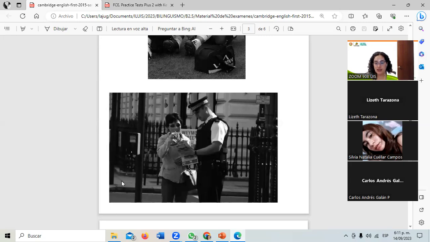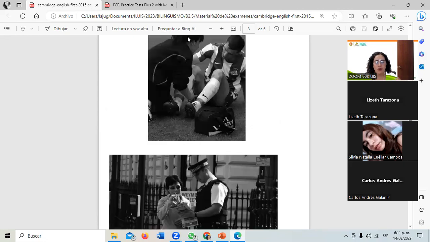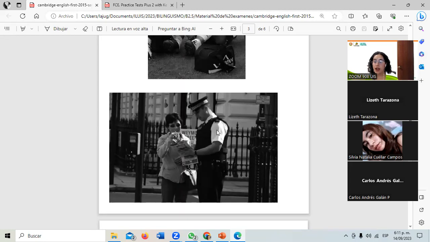But because this is practice, I can give you 2 minutes to prepare, and then I will choose at random 2 students for these 2 pictures, okay? So you can have them here and here, 2 minutes, and then I'll select 2 students at random to participate.